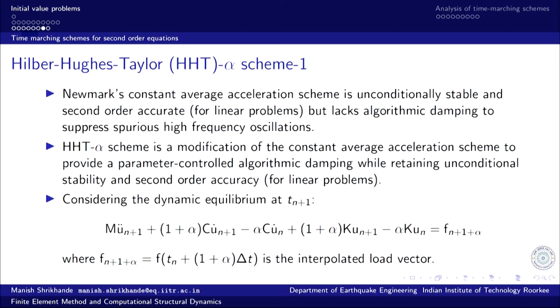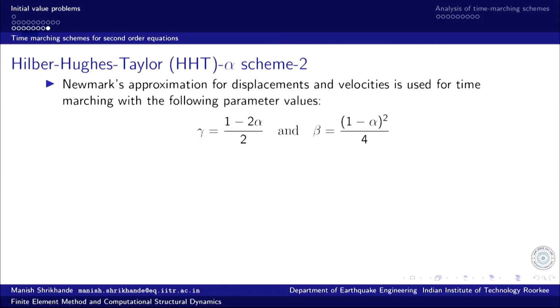So, the dynamic equation of equilibrium is changed to this form, and for a suitable choice of alpha we can solve this system of equations, and Newmark's approximation for displacement and velocities is used for time marching along with the following parameter values.